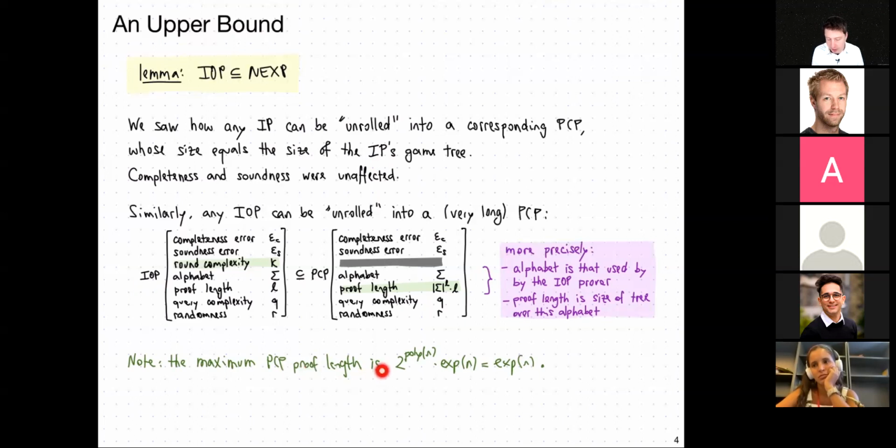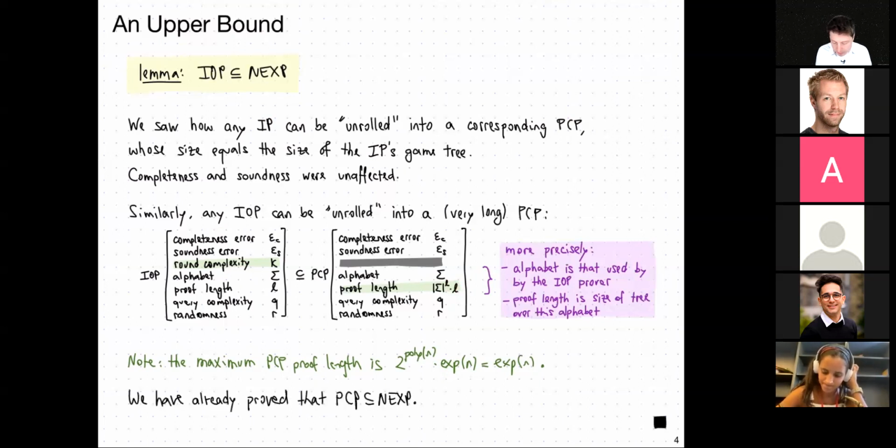And the maximum proof length, even though we're starting from something that could have had exponentially large messages, is in the end still on the order of 2 to the poly n times exponential in n, which is still exponential. So the same way that we could start from a polynomial size interaction and go to an exponential size PCP, we could start from an exponential size IOP, and when we open it up, it will still be an exponential size PCP.